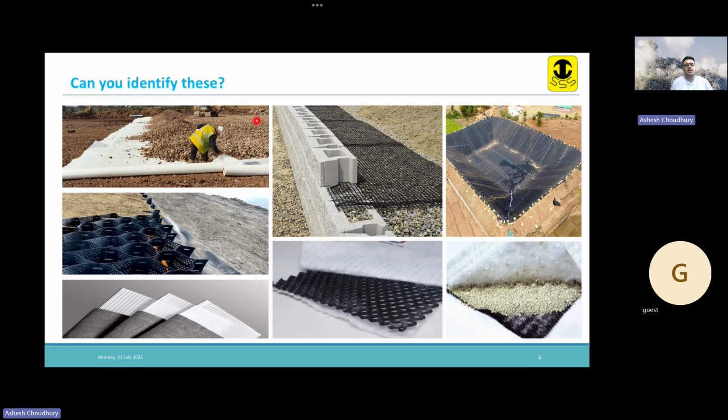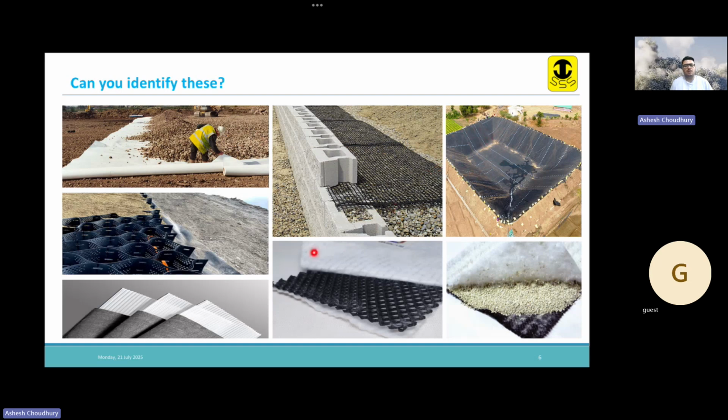The second thing that we see is net-like stuff, some nets placed in layers. A net-like structure is placed and attached to these blocks. Then in the third picture we see a pond-like area, like a tank or a pond, which is maybe lined with plastic sheet-like stuff.